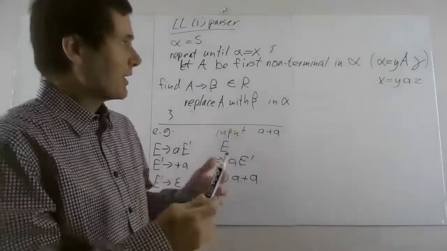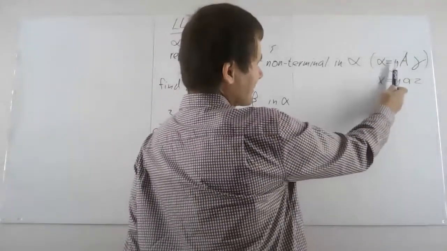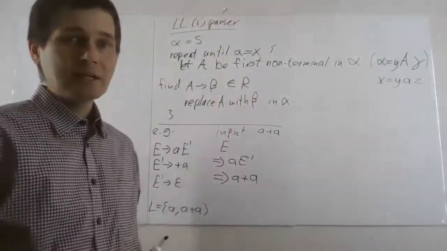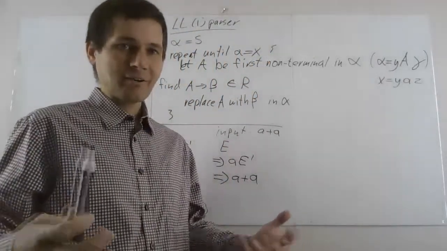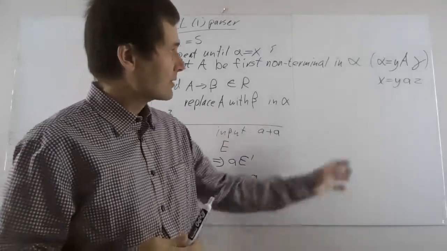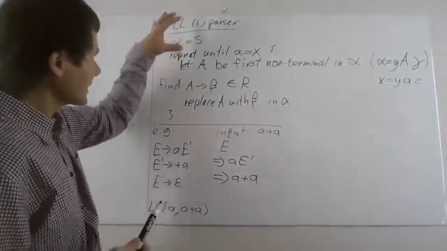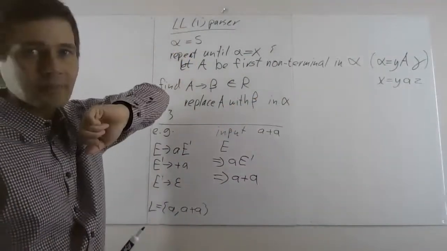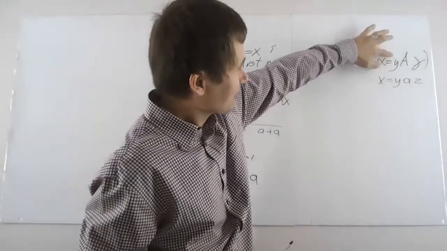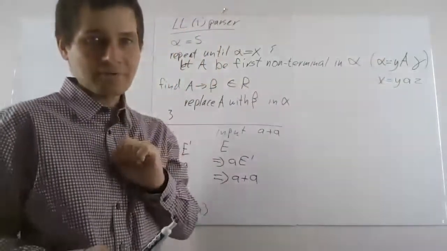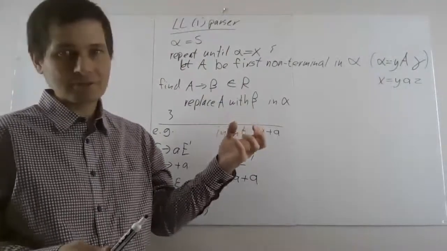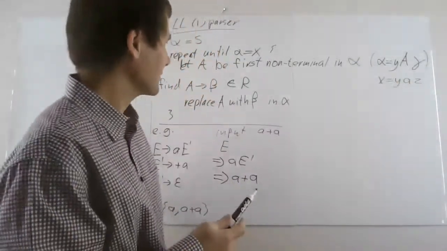So if my alpha and my input don't match up on some prefix Y, then I'm already lost. I'm never going to be able to parse this. So really, I need to structure my algorithm so that it maintains this invariant: a prefix of alpha is a prefix of the input. In fact, the prefix that's all terminals has to match what's in the input.